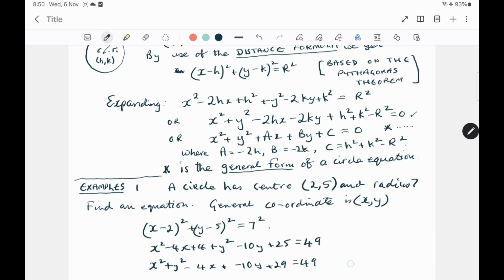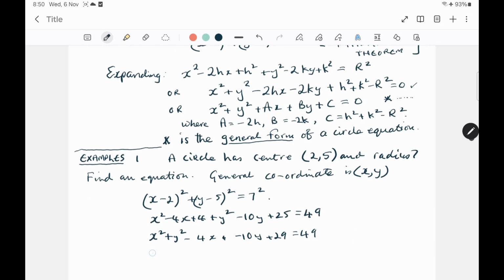And finally, we get x squared plus y squared minus 4x minus 10y minus 20 equals 0. So that is our final answer.